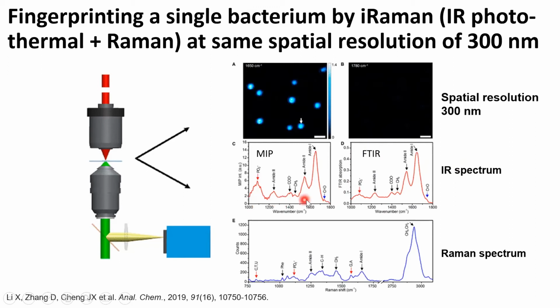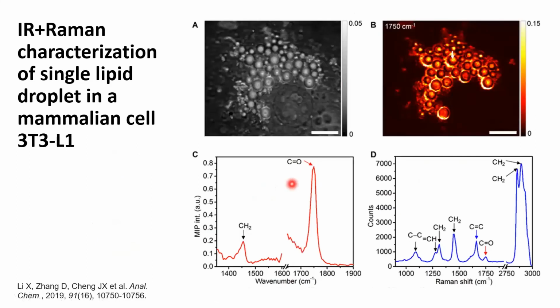But with MIP, you can do single cell level, and of course, you can use the same visible beam to do Raman spectroscopy. Here you can see Raman is more sensitive to CH, but IR is more sensitive to the fingerprint regime. You can also do this in mammalian cells. These are the lipids in a mammalian cell.